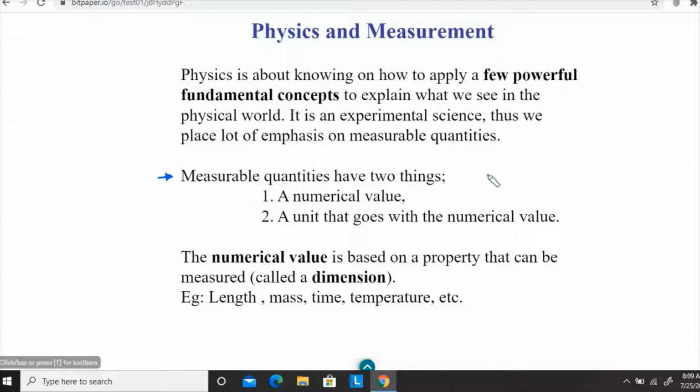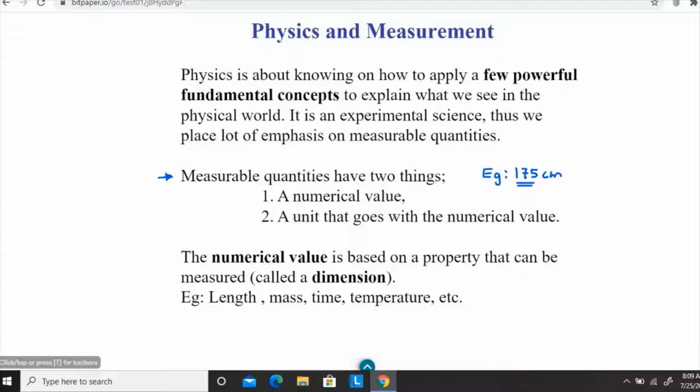For example, if we think about the height of a person, let's say the height of a person is 175 centimeters. The numerical value 175 is one part of a measurable quantity.